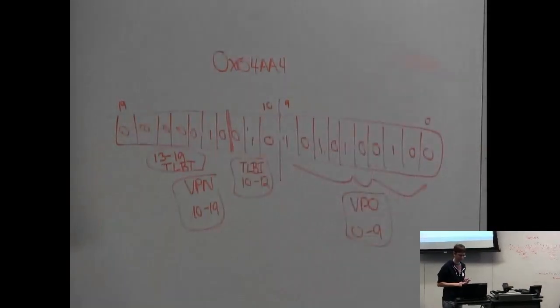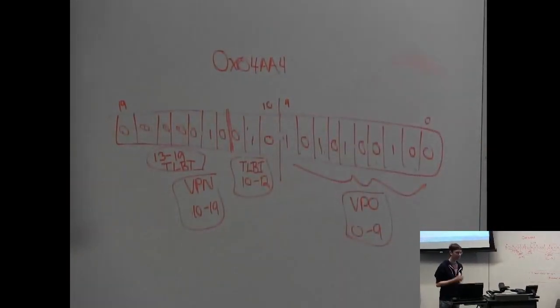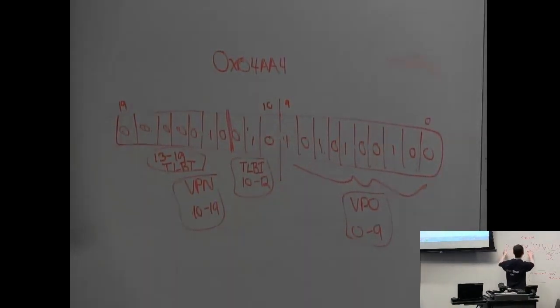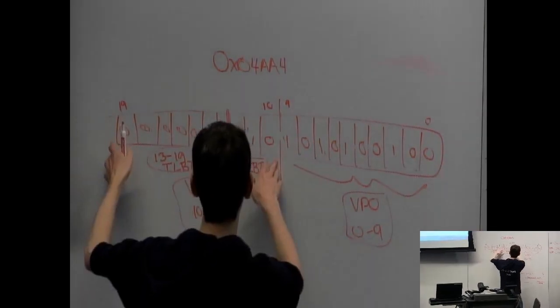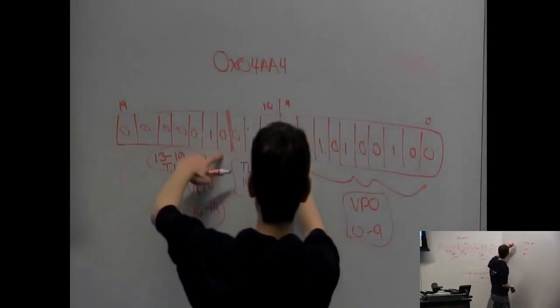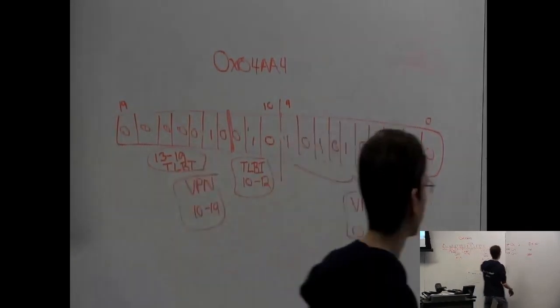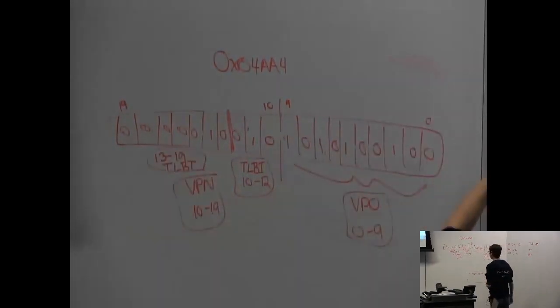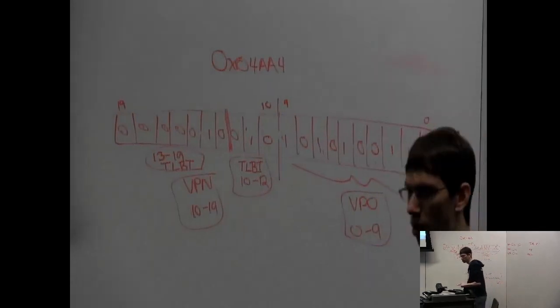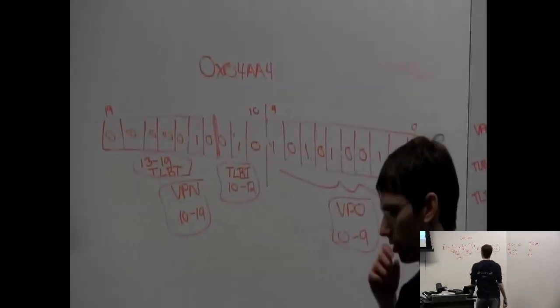Okay, so now we just need to do the same thing again. Virtual page numbers, so the virtual page number we got by reading off this stuff here. So what is it here? This is a 2. And then what's above it? Just a 1. So the virtual page number is hex 12. Okay, and then what's the next part? We want the TLB index and the TLB tag.